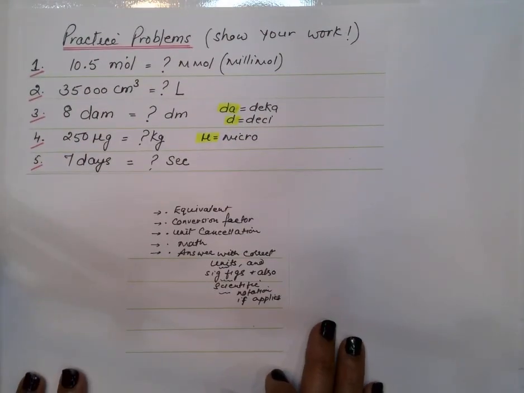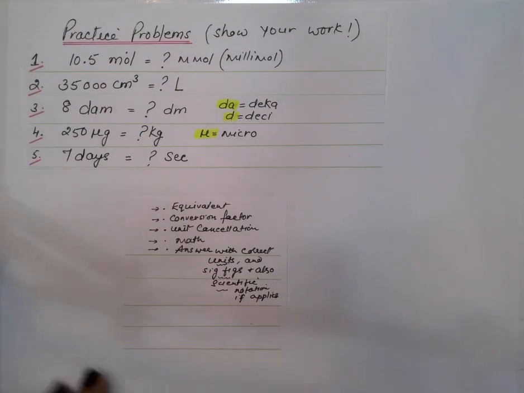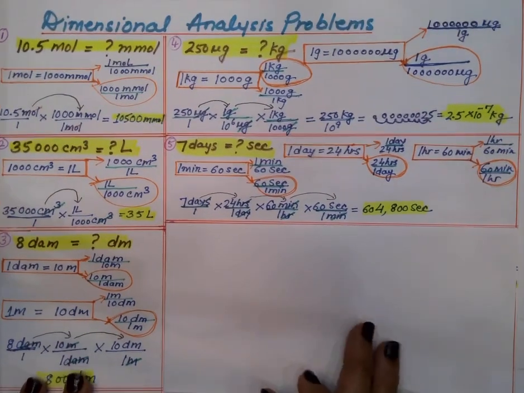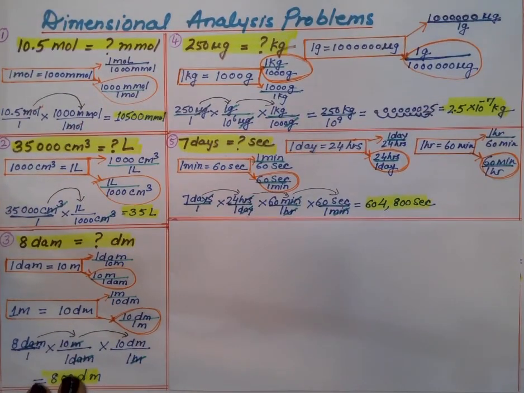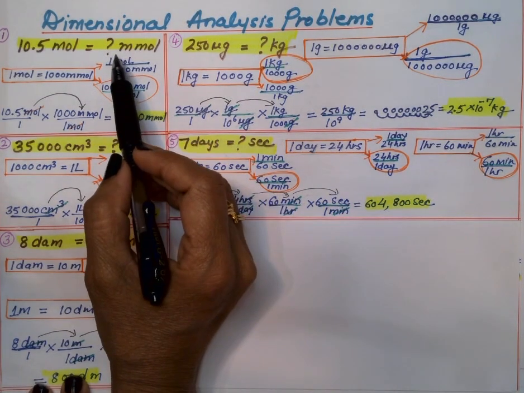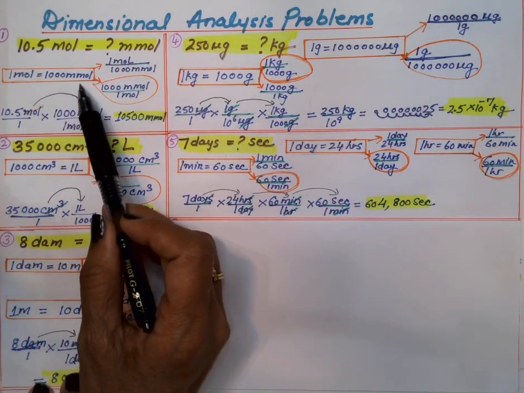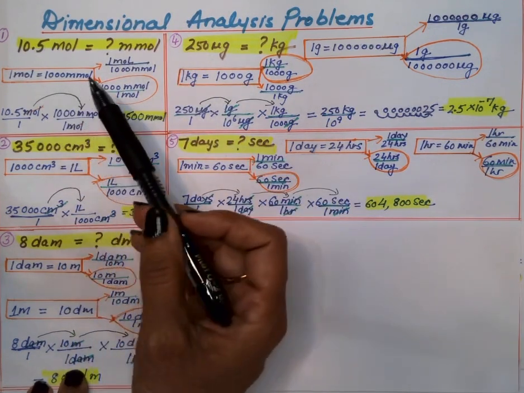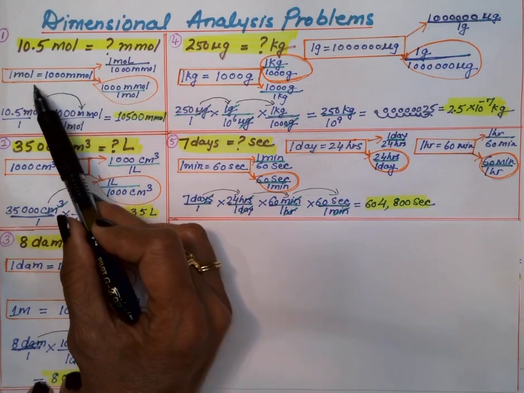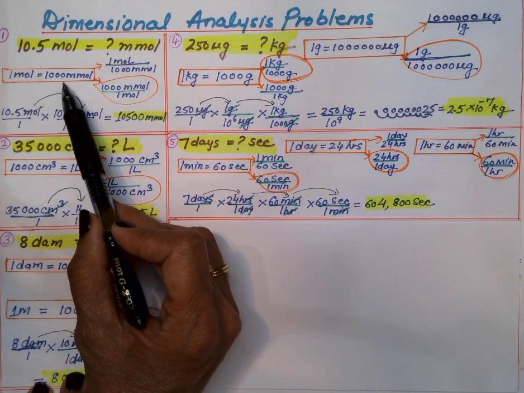I want you to solve these problems on your own. Also, I'm going to go over them real quick. Let's do the first one here. I have already solved them beforehand for you. Now, 10.5 moles, you want to convert them into millimoles. You have an equivalent here. You're going to follow the same steps. 1 mole is equal to 1000 millimoles.